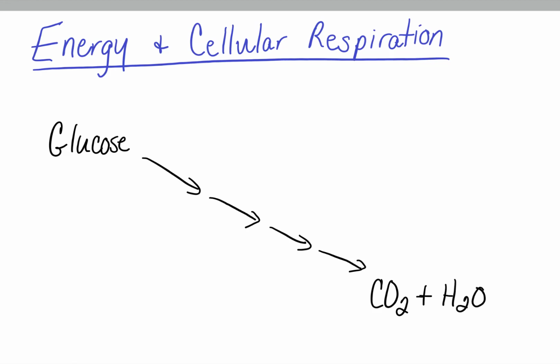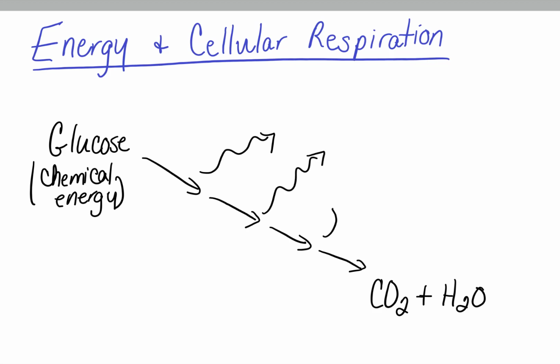Okay? And I'm writing them in this orientation to represent that glucose has a high level of chemical energy. So this is kind of a gradient for chemical energy that I'm representing here. That chemical energy is stored in the covalent bonds. And when glucose is broken down, when those chemical bonds are broken and the atoms are rearranged to form different molecules, energy is going to be released.